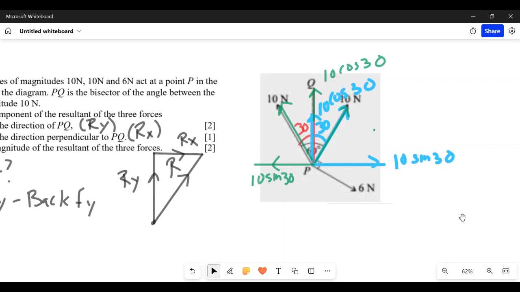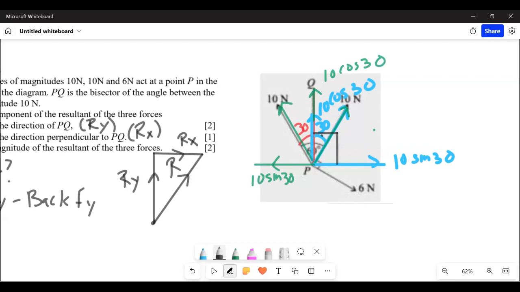Now let's take a look at the 6 Newton force. If that's 30, this is going to be a right angle, and that's going to be 60, and then that's going to be 30, because this also forms a right angle. So this is a 30-degree angle. There's a 6 Newton force acting in this direction, so we form a triangle like this. That is 30. This is going to act rightwards and this is going to act downwards.